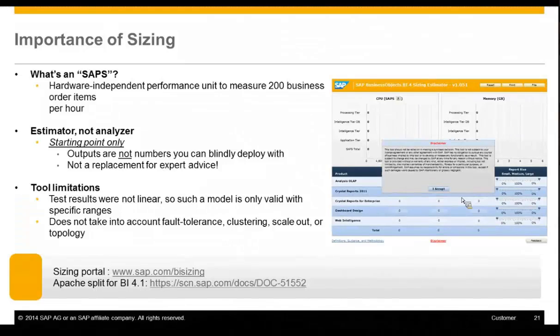The sizing estimator, which is now available publicly for everyone and is free, is updated based on the changes in the architecture and in the product in 4.0 and 4.1. So run the sizing, but also engage SAP consulting services to do a full-scale sizing exercise, because a lot of the time the importance of sizing is overlooked or misunderstood.